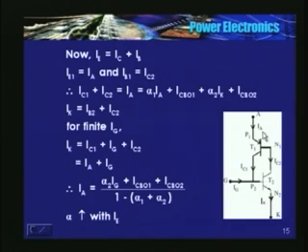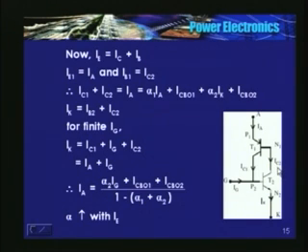The emitter current of T1 is the anode current. And what is IB1, the base current of transistor T1? It is the same as the collector current of T2, IC2.